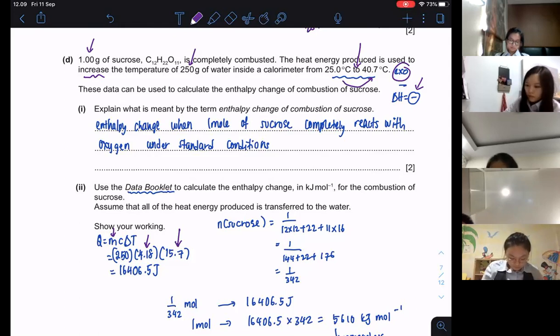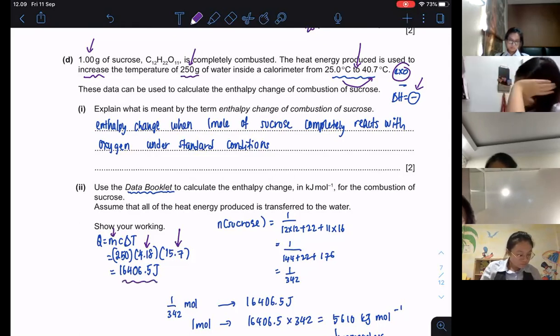Or should I use both added together, 250 and 1, so 251? To answer this question, it's very simple. Because you are using the heat capacity of water, you take only the mass of water. So the mass of water is 250. You put 250, you get this.